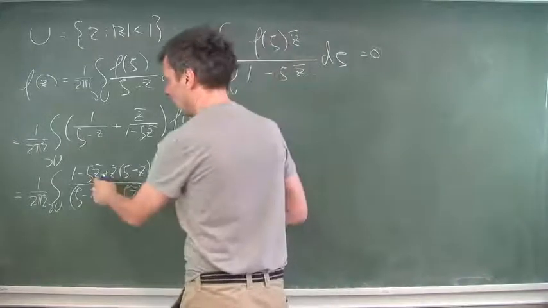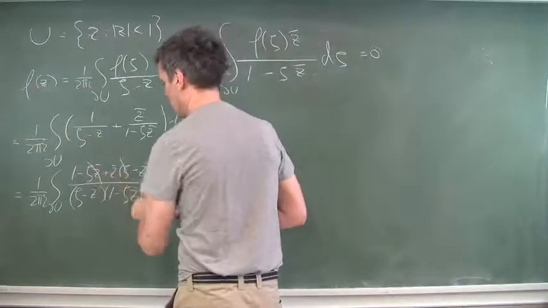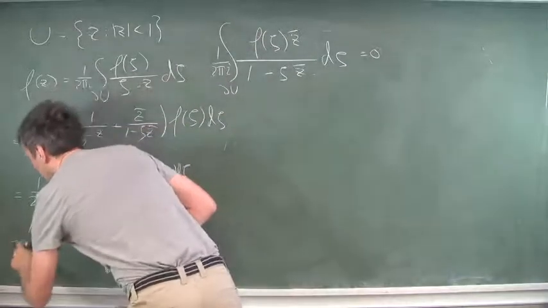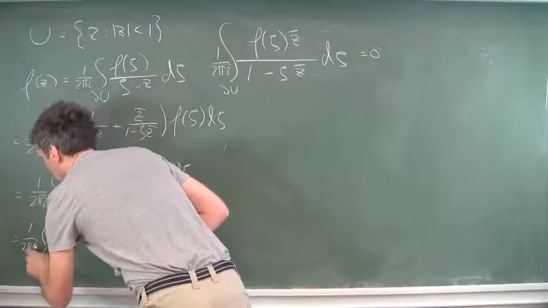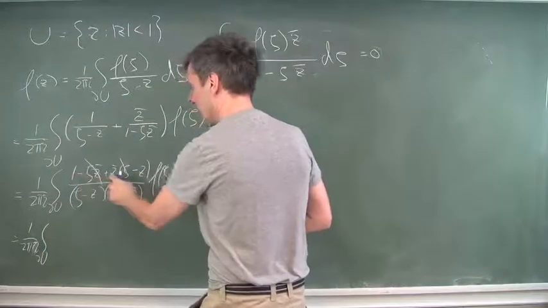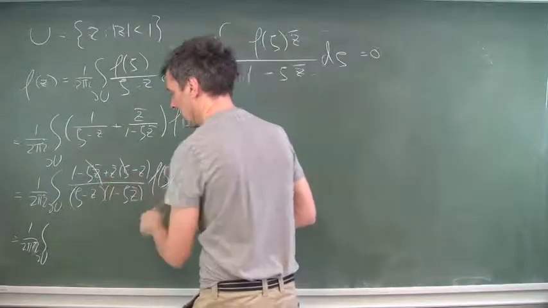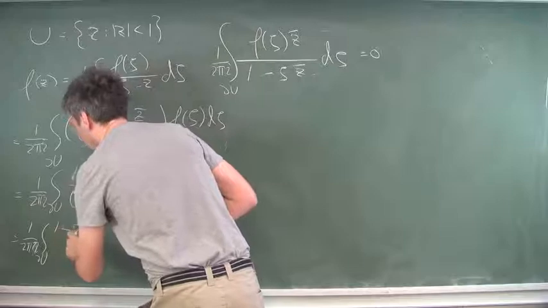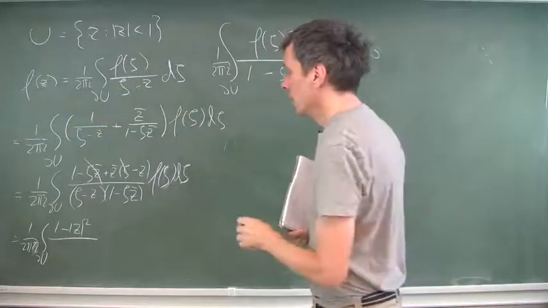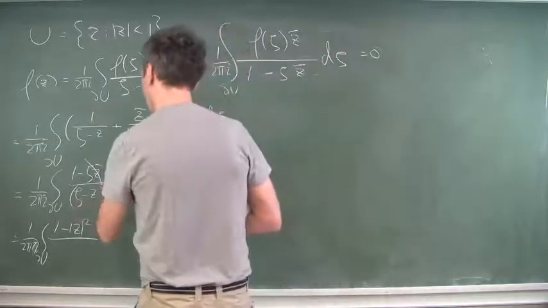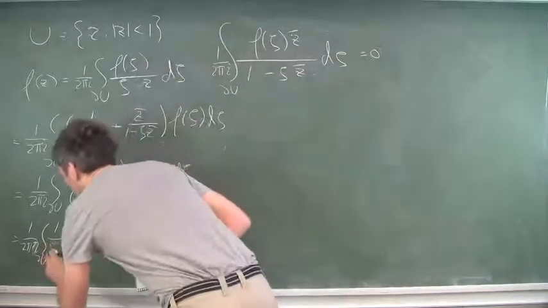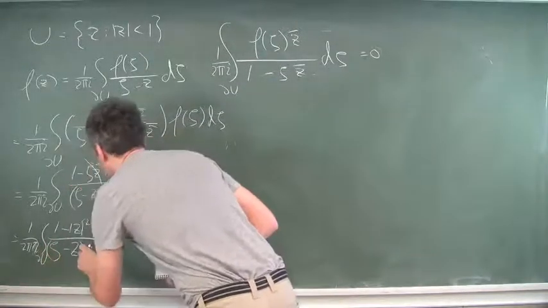And now we observe that this term here will cancel out against that one. And so what we're really left with in the numerator will be 1 minus z conjugate times z. So it will be 1 minus the absolute value of z squared. Well, just leave it like this for the moment.